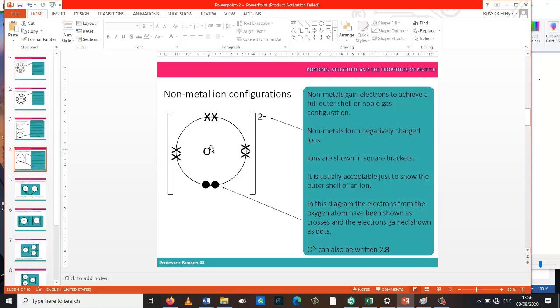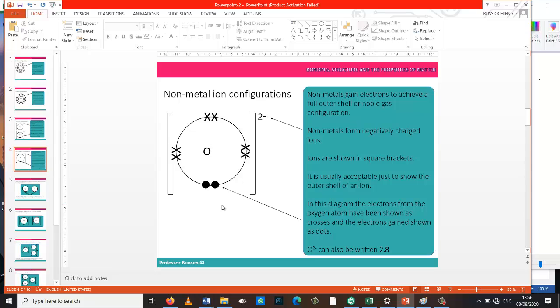My apologies. Since the atomic number of oxygen is 8, the electron configuration will be 2.6. It means that the valence electrons are 6. Oxygen has only 1, 2, 3, 4, 5, 6 electrons in the valence shell.